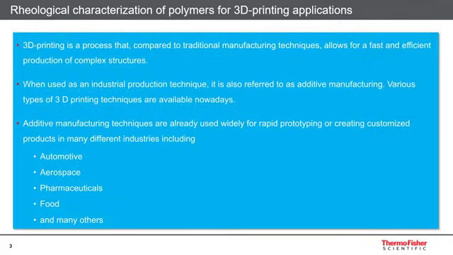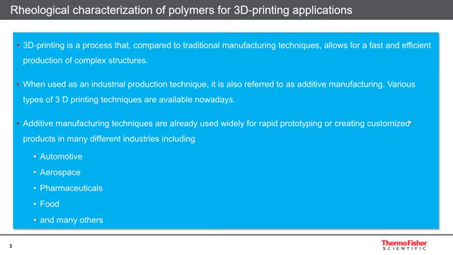So let's start with some details about 3D printing and its relevance for industrial applications. 3D printing is a manufacturing process that enables the relatively quick production of complex structures. 3D printers are nowadays available also for the home market, but when used for industrial application, it is also referred to as additive manufacturing.